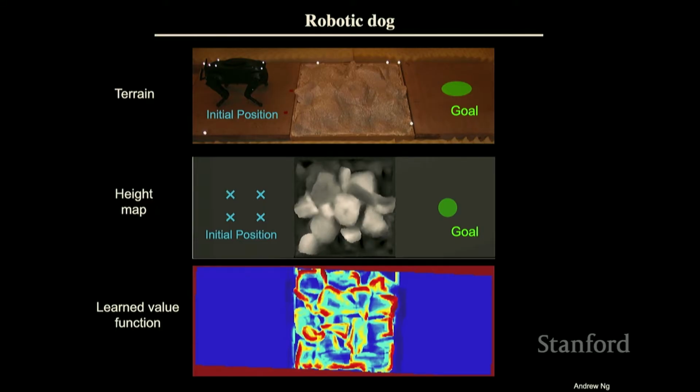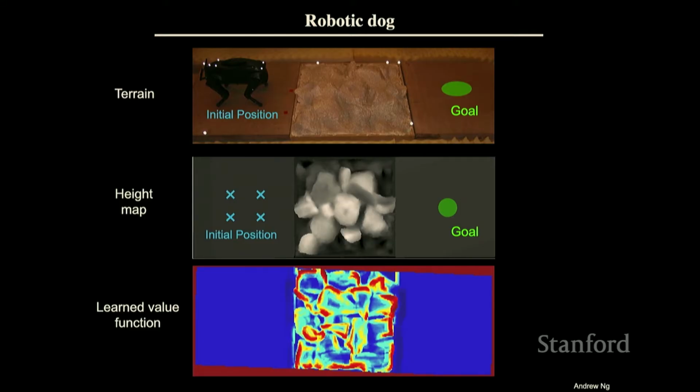I'm simplifying a little bit, right? But the approximate value function tells it, given the 3D shape of the terrain, the middle plot is a height map where the different shades tell you how tall the terrain is. Given the 3D shape of the terrain, the dog learns a value function that tells it what is the cost of putting its feet on different locations of the terrain.